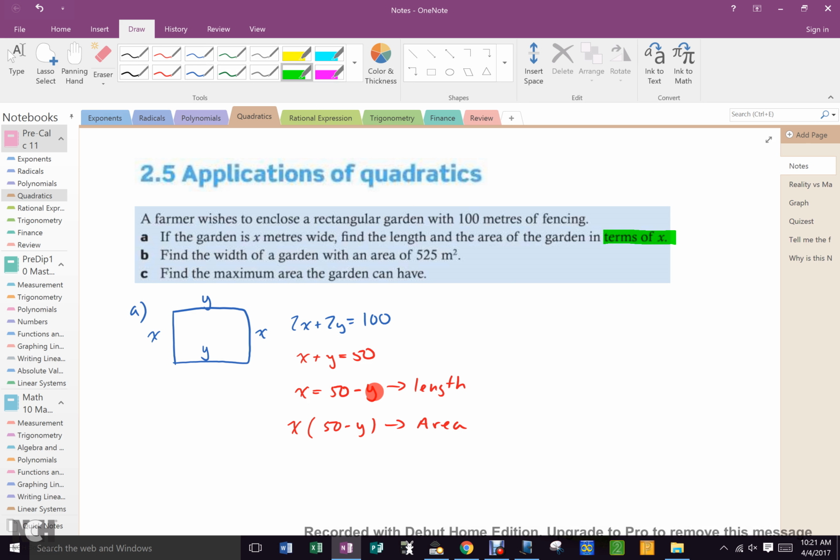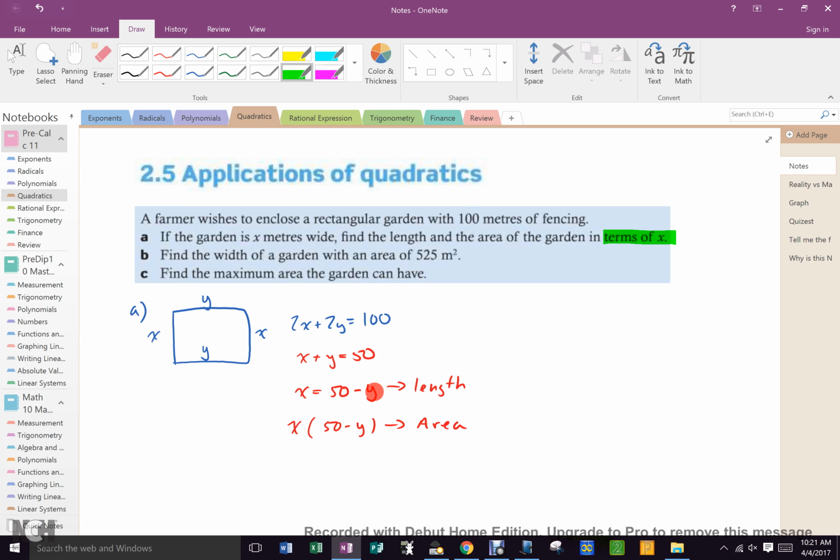There's 4 things written up there. One of those things will get me a y. Because this, Bryce has said, is ugly, because there's 2 variables there. I don't want 2 variables. I wanted terms of x.